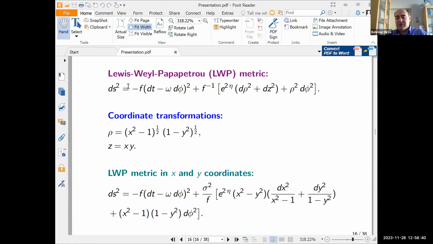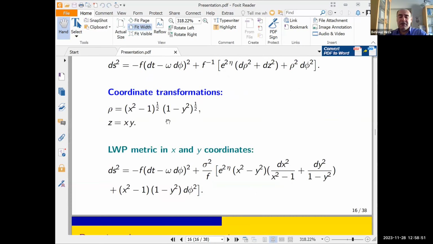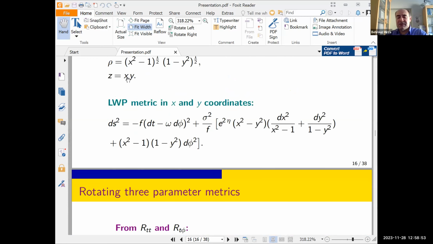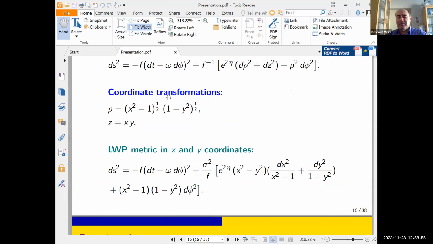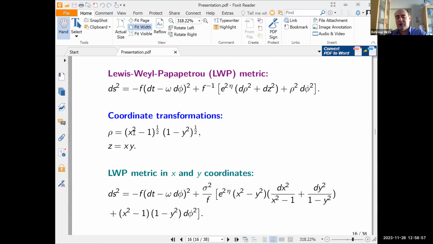To find the rotating solution, we can use the Weyl metric, as you can see, which is more similar to cylindrical coordinates, and then write it in X and Y coordinates with this coordinate transformation.